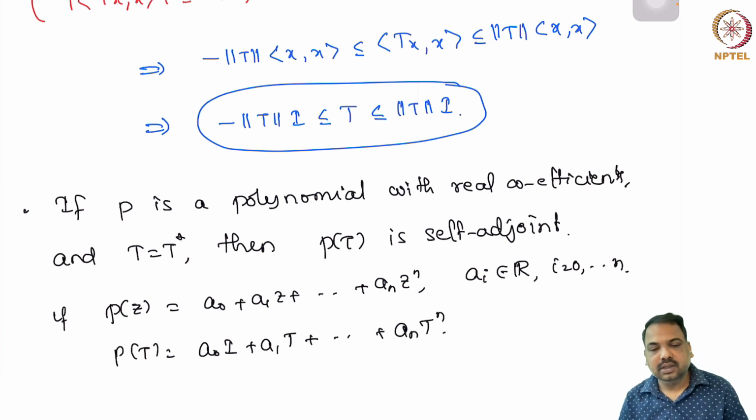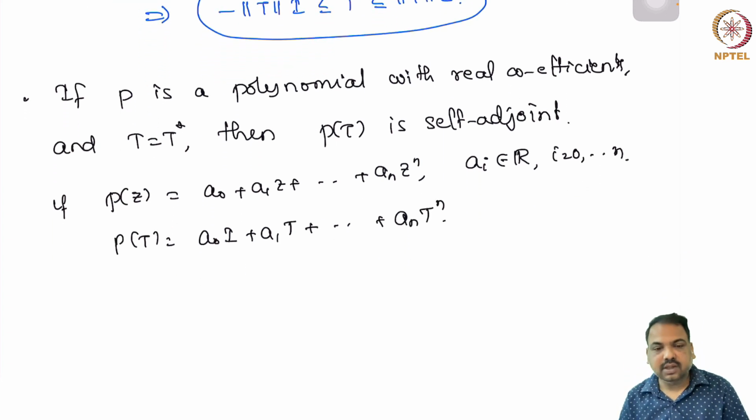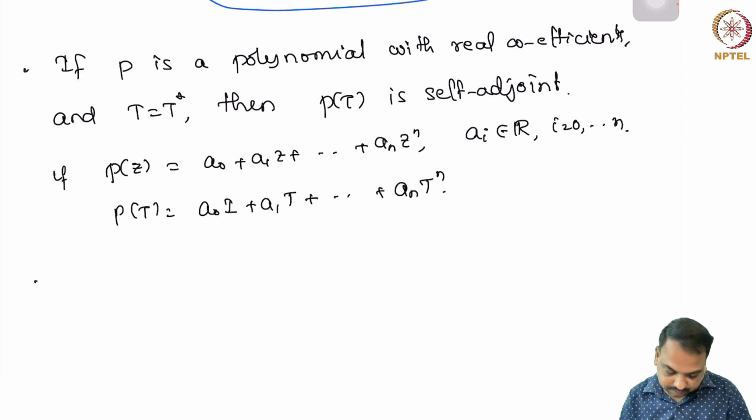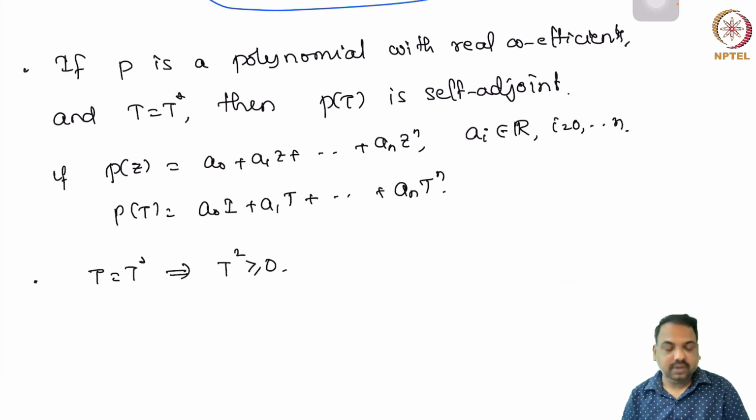We know that when T is self-adjoint, T squared is also self-adjoint. In fact, T squared is positive, and we can conclude that P of T is a self-adjoint operator.